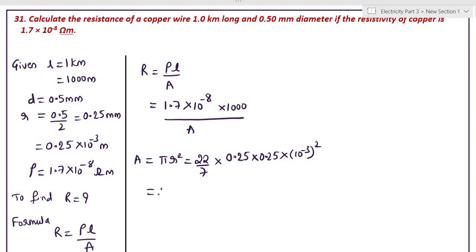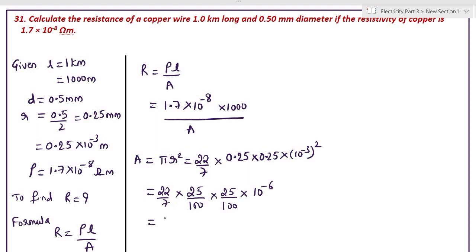It can be written as 22 by 7 into 25 by 100, squared, and the 10 to the power minus 3 squared is 10 to the power minus 6.